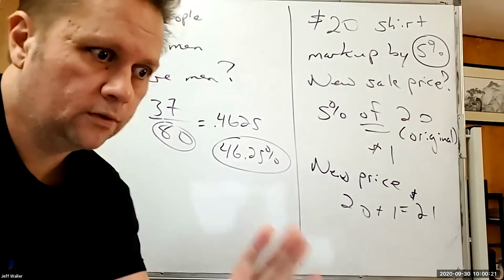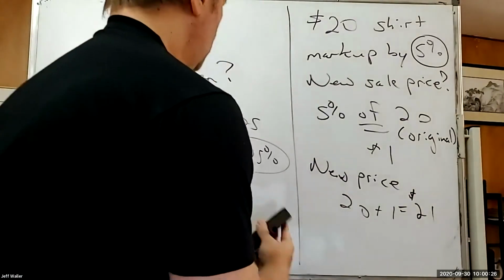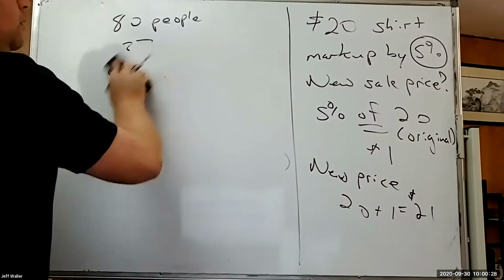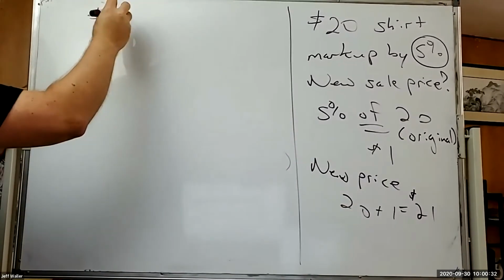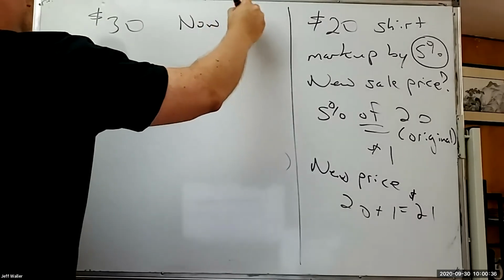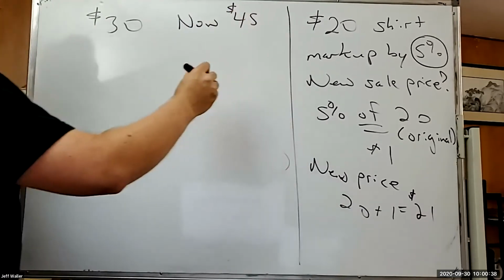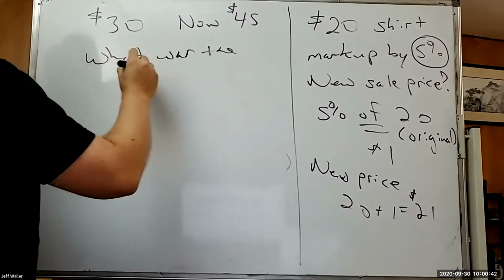Okay. So now, how does that relate to what we're actually going to do? What if I had a shirt that was originally $30 and now it is $45? What was the markup?